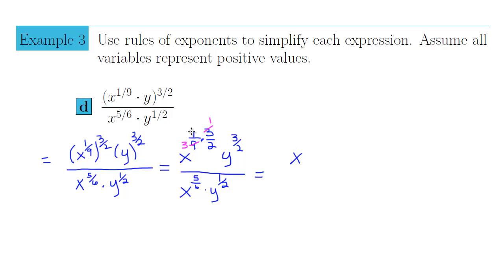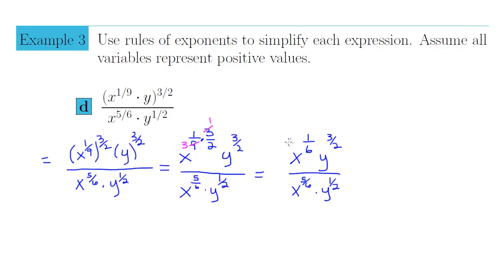X raised to the 1 times 1, which is 1, over 3 times 2, which is 6, so x raised to the 1/6, y to the 3/2, all over x to the 5/6 times y to the 1/2.